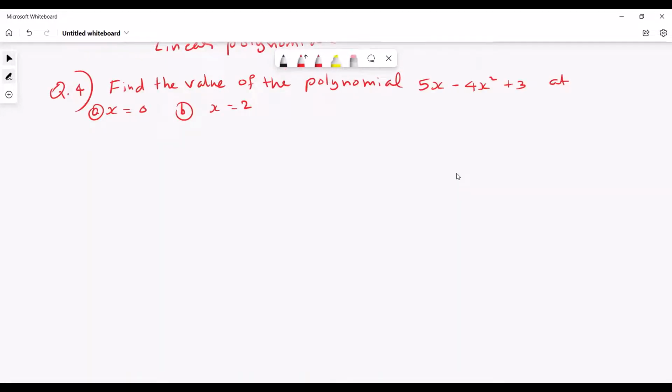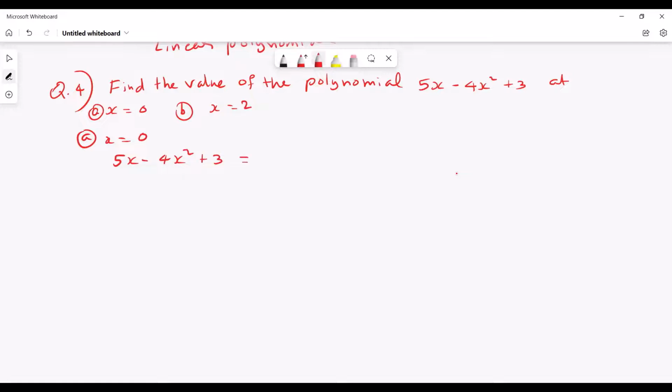Here in the fourth question, find the value of the polynomial 5x minus 4x square plus 3 at x equal to 0 and at x equal to 2. So let us see the first one, that is x equal to 0. The polynomial is 5x minus 4x square plus 3.